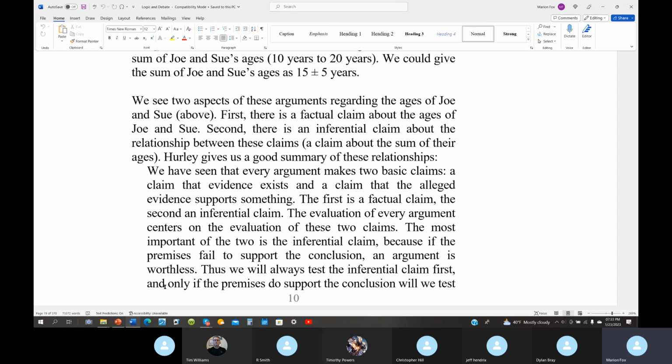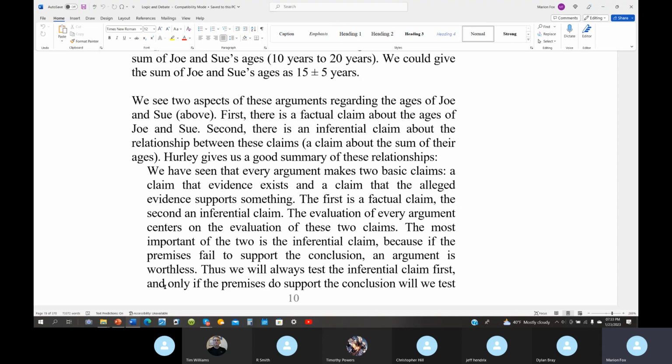For every argument you're trying to see is correct, valid, or sound, you need to answer two questions. Number one, is the process by which they're arriving at the conclusion valid? And number two, is the information placed into the argument correct, or true? So we have a factual claim about the information, and the second is an inferential claim.